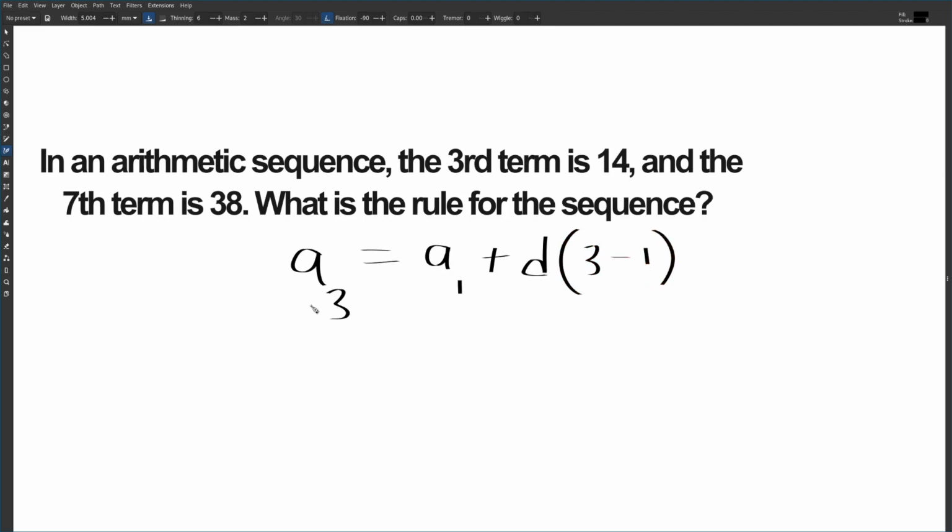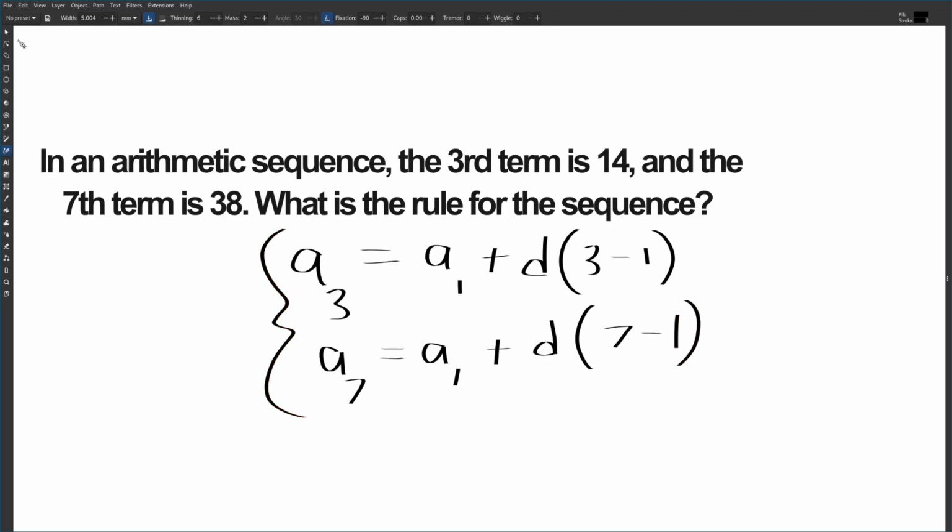And we do the same thing for the seventh term. a of 7 is equal to a of 1 plus the same difference, and n is 7, so 7 minus 1. Since these two equations are linked, it's not too far-fetched to form a system of equations.